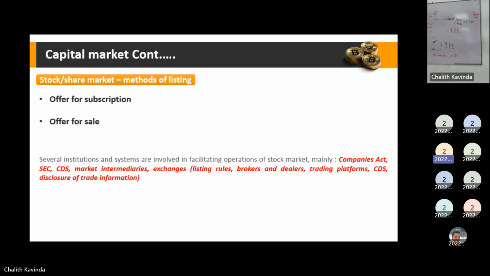Right. The company limited by guarantee, and you need to know who are the members of the CSE, and the CDS. CDS means what? Central Depository System.